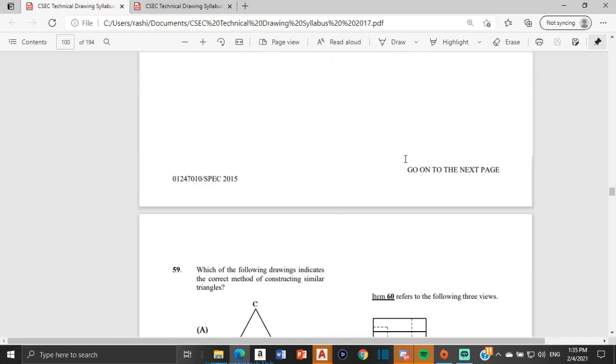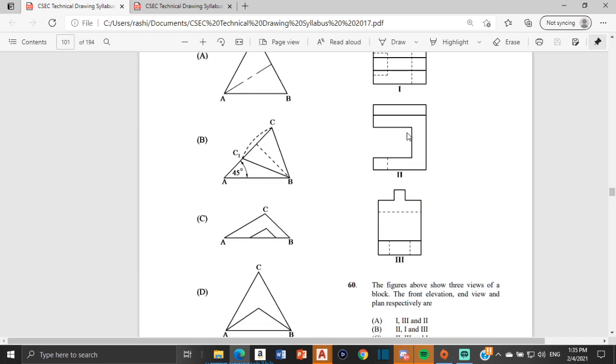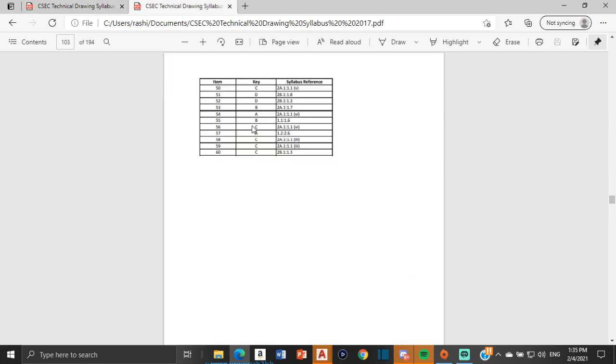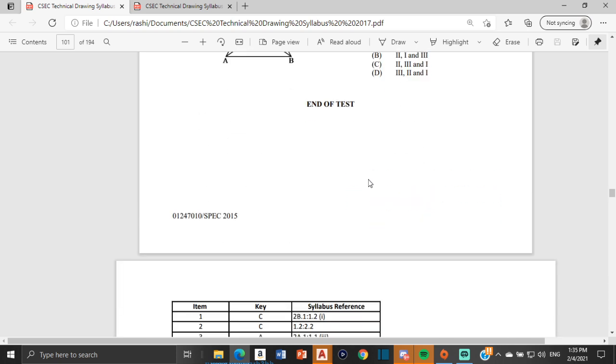So the front would be 2, the end would be 3, and then the plan view would be 1. Yeah, so 2, 3, 1, which would be C. Yeah, which it is. Alright, good.